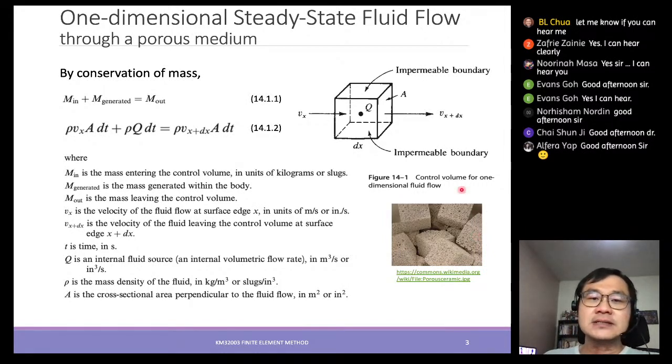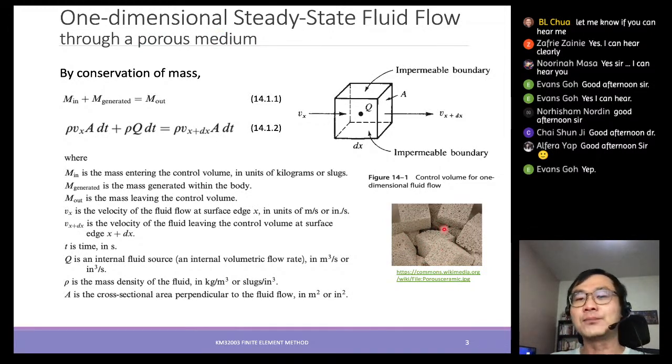So first, again we will start with the basic theory, where this is the one-dimensional steady state fluid flow through a porous medium. This porous medium can be something like ceramics, a sponge and so on. So that's a porous medium where fluid can flow through it, but at a certain resistance.